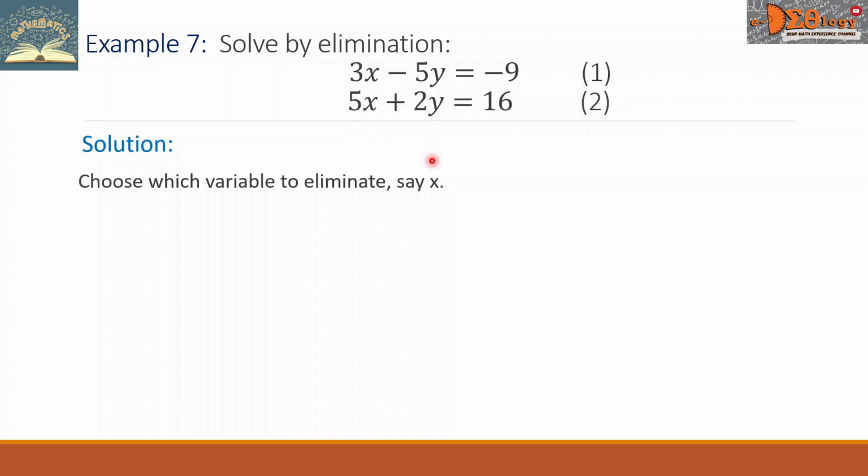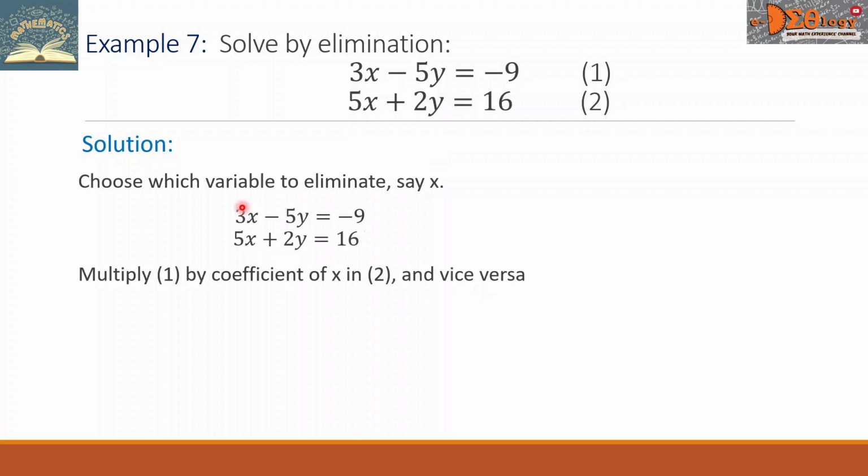This time we choose x. So we multiply equation 1 by the coefficient of x in equation 2, and vice versa. In equation 1 we have 3x, while in equation 2 we have 5x. That means in equation 1 we multiply by 5. In equation 2 we multiply by 3.